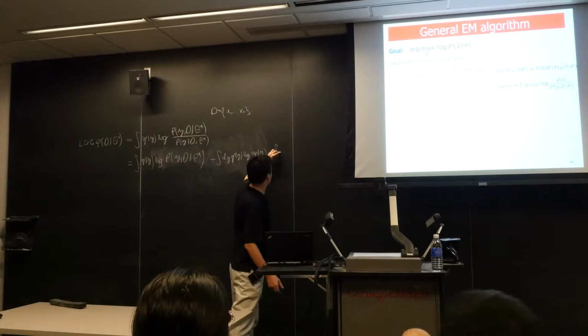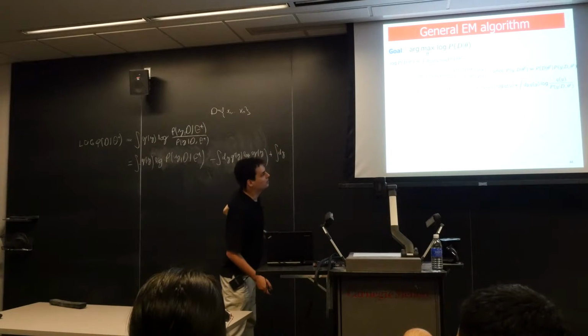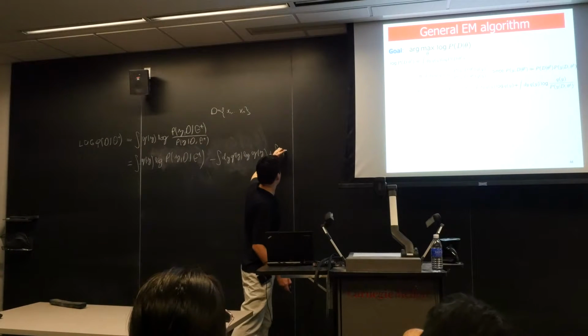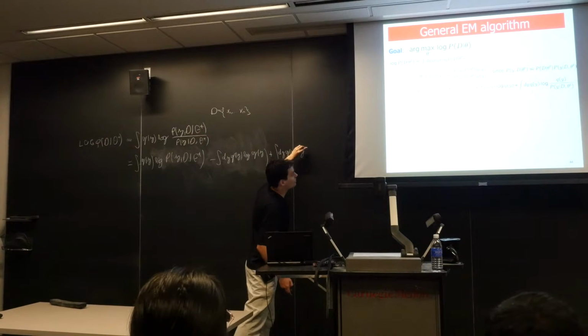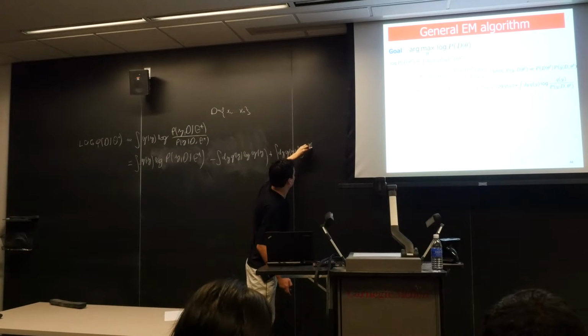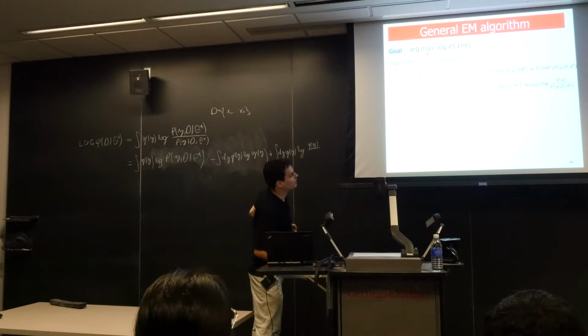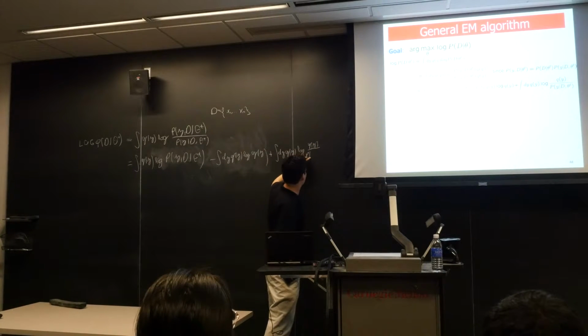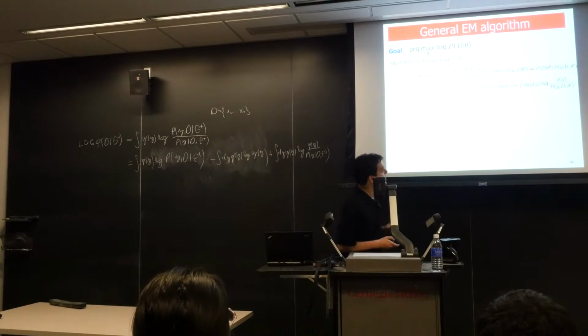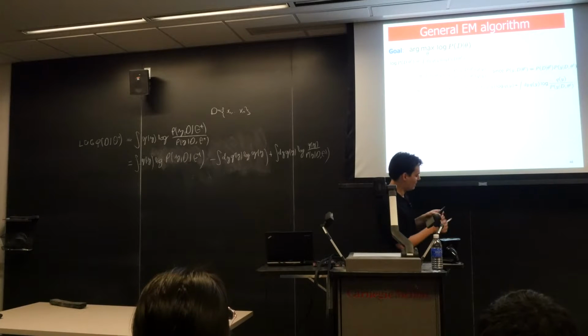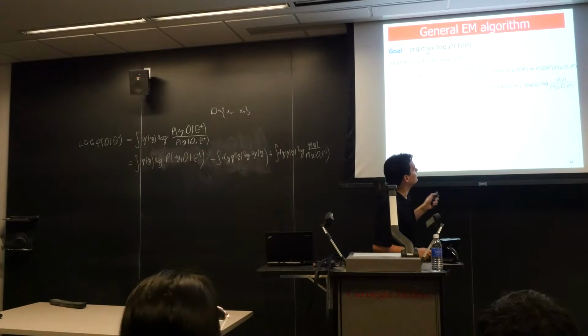Plus the integral of q log of the joint divided by the posterior. So my claim is that this holds for any Q distribution.